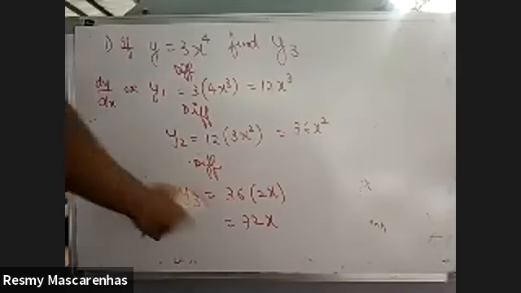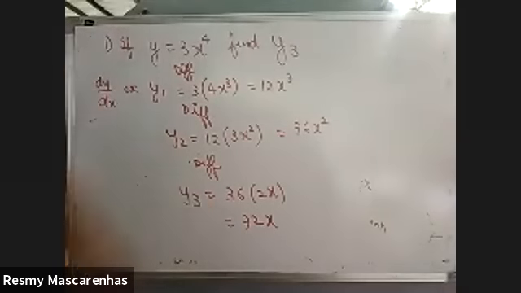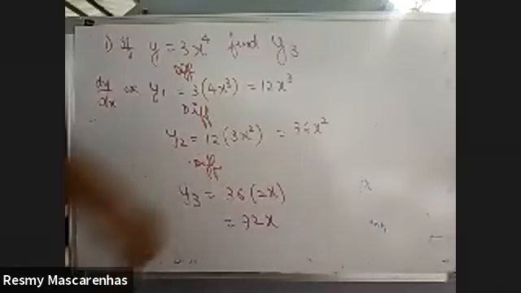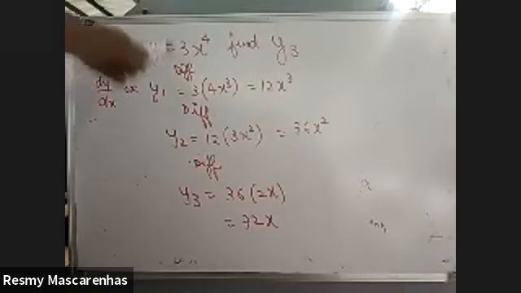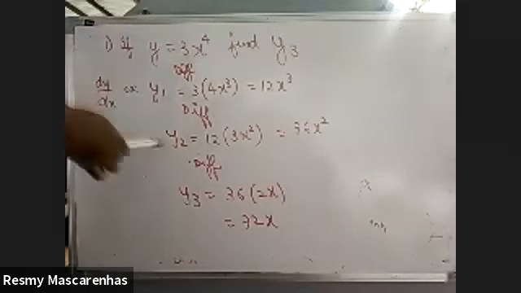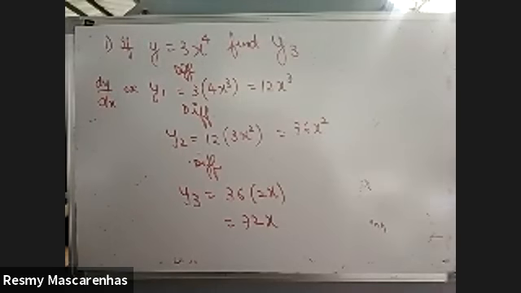Suppose we had to differentiate again for y4, it would become 72, and y5 would become 0. So this is how, when you're asked to find higher order derivatives, you go on differentiating up till where it is expected.